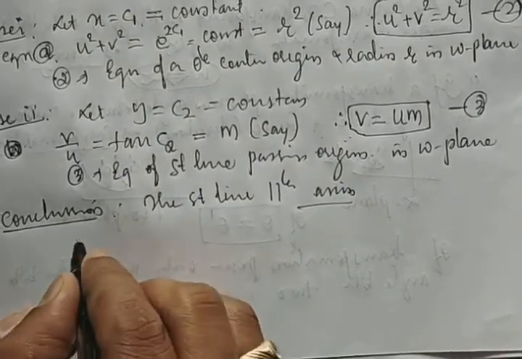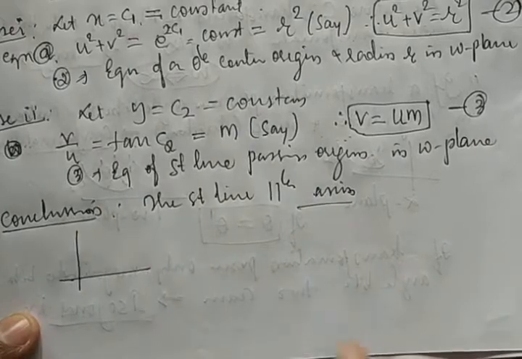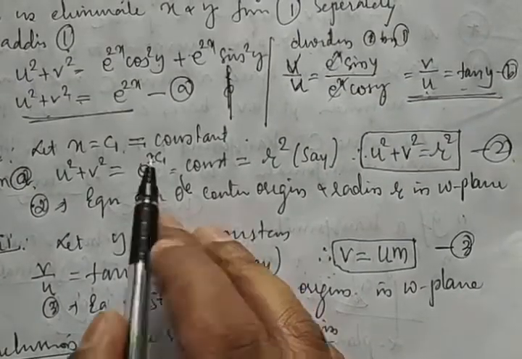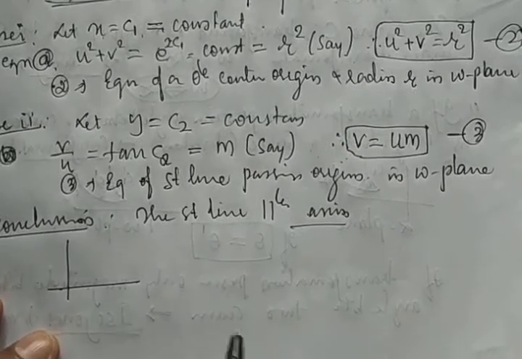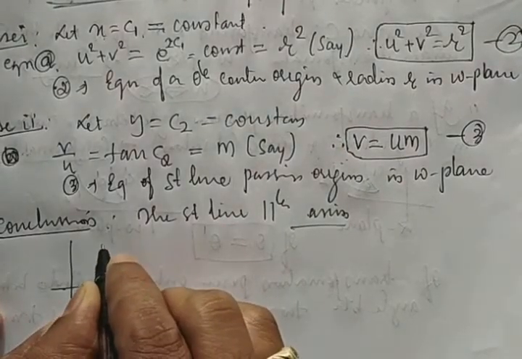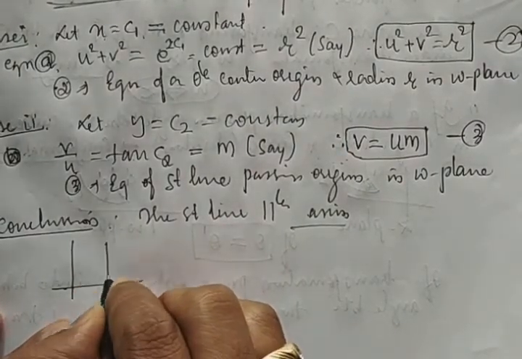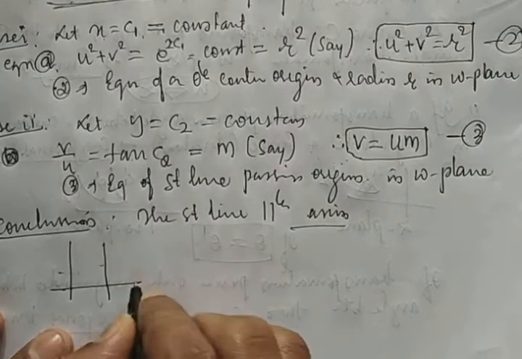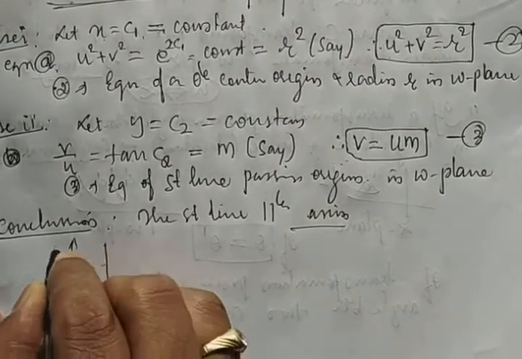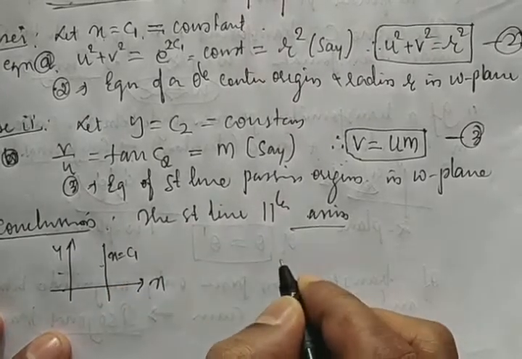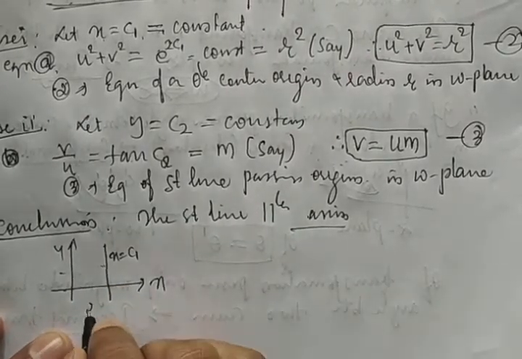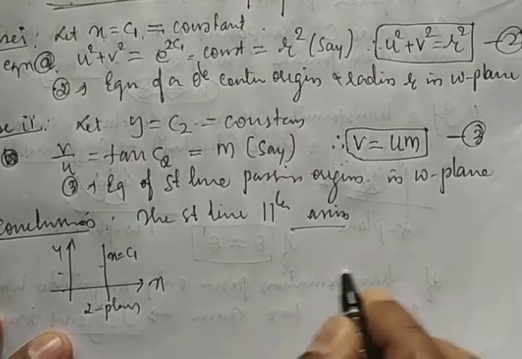In the first case, what have we done? We have taken x is equal to c1. x is equal to c1 means the equation of a straight line parallel to the y-axis. This is x is equal to c1, in the z plane.